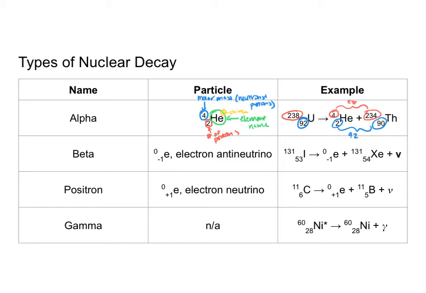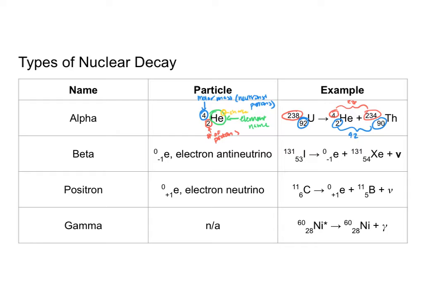So our next type of decay is beta decay. And in beta decay, the particle that is released is an electron and an electron antineutrino. You don't need to really know what the electron antineutrino is, just know that it's there to ensure that mass is conserved. And we can see here in the example, we have iodine, which is decaying into an electron, a beta particle, and xenon and our electron antineutrino. Similar to beta decay is positron decay.